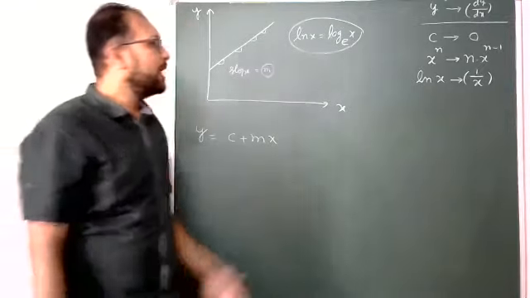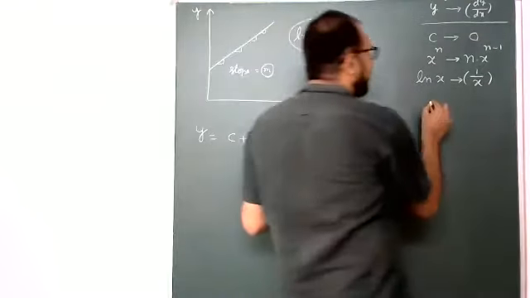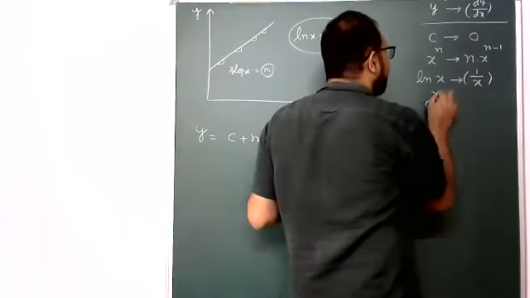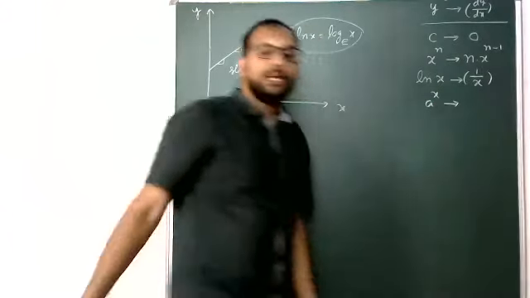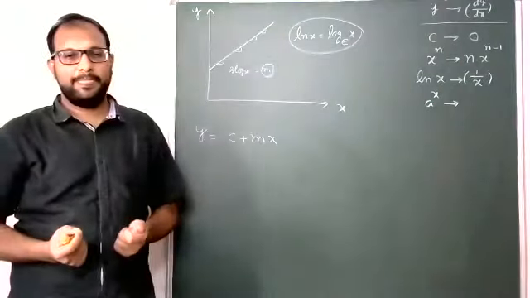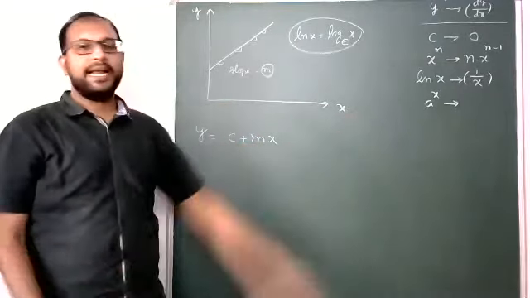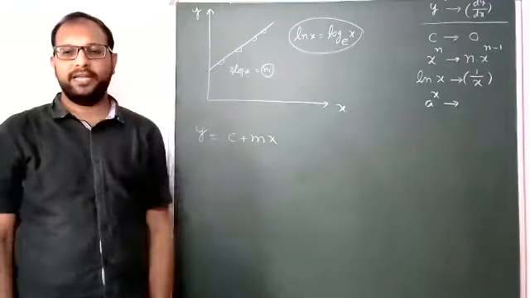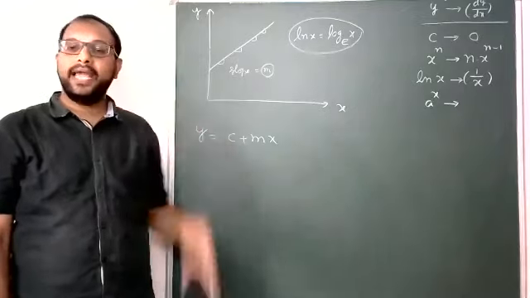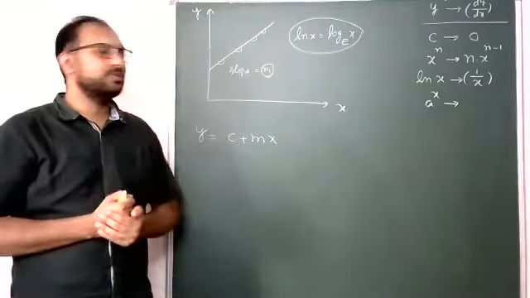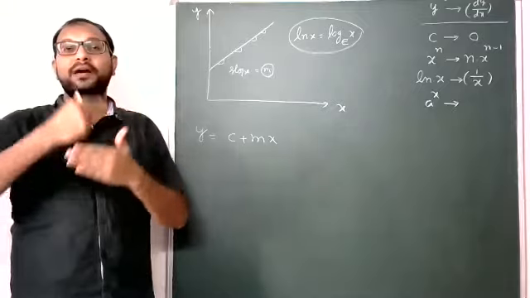Next, another function. Here I am writing a to the power of x. Suppose a is a constant and x is now the variable. Y equal to a to the power of x, suppose. We need the derivative of a to the power of x.